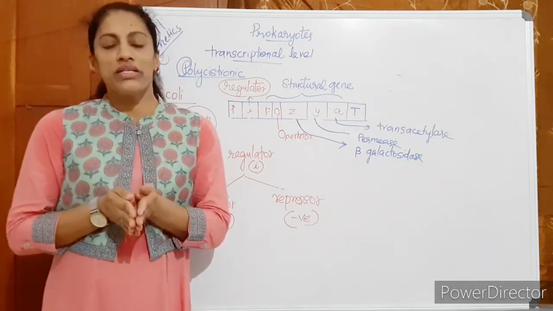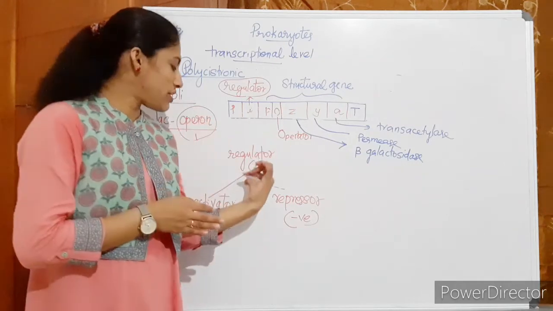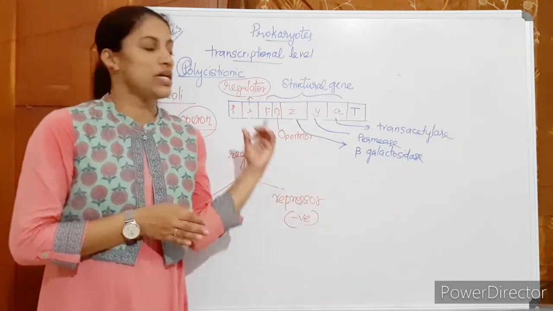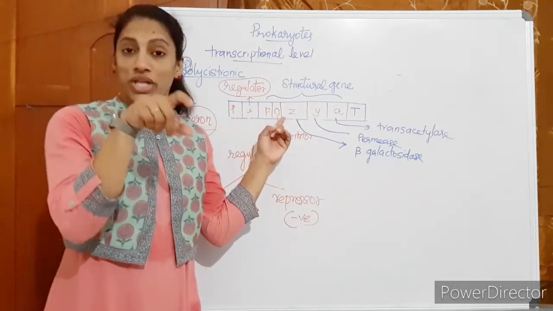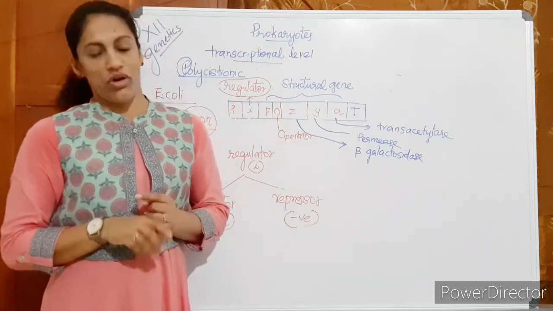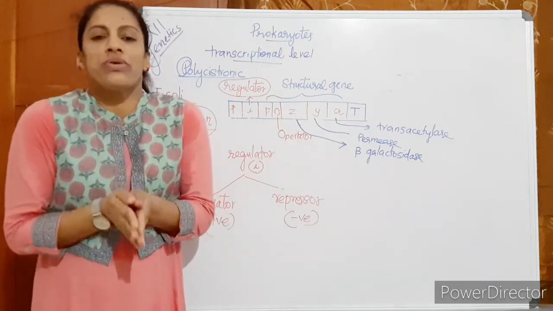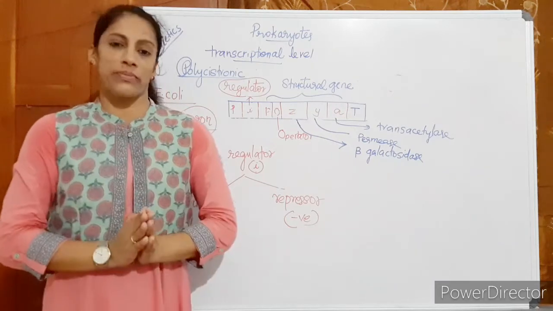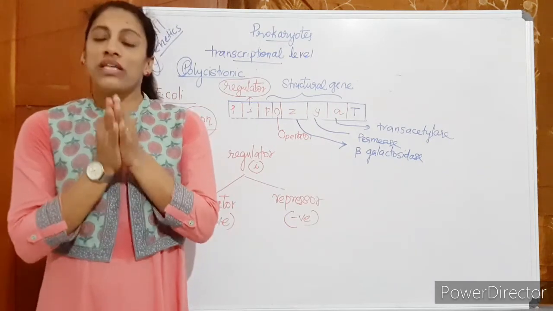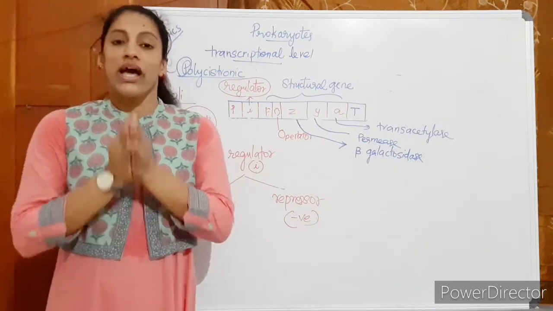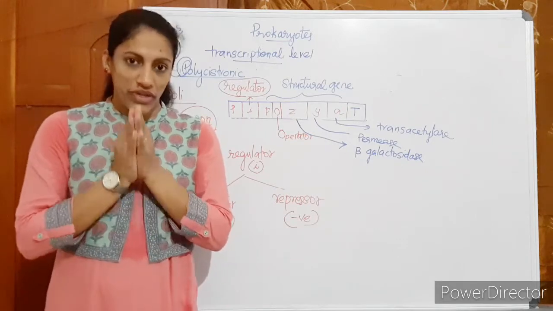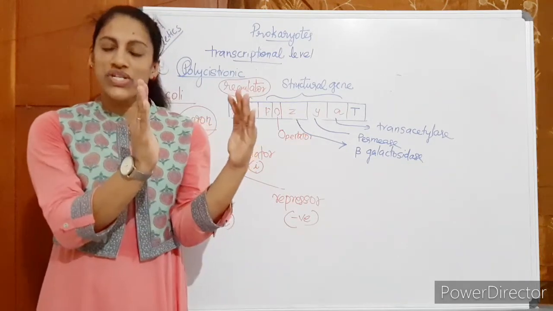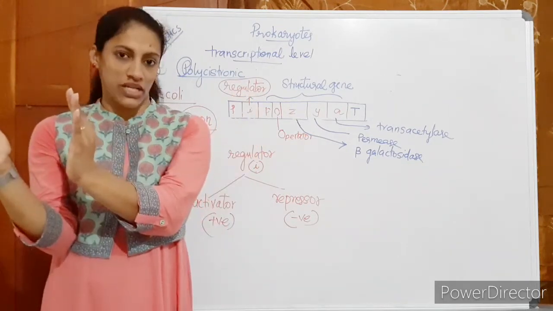Whatever the regulator gene's product, whether an activator or repressor, its action is on the operator region, the operator gene. So that is also an essential part of the control segment. The concept of operon says that an operon is a segment of DNA which has a control section and a structural gene section.